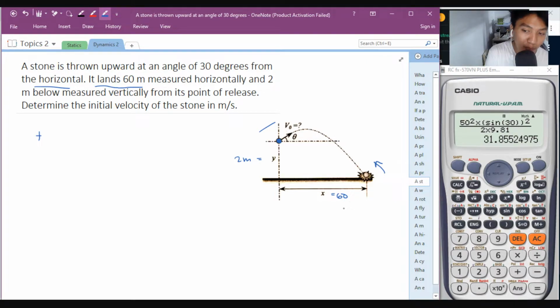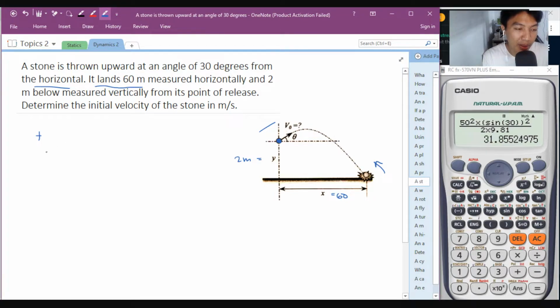Okay? Recap natin. If it is released below the surface it reached, it is positive. It is negative if it is launched above and fell down to the surface.